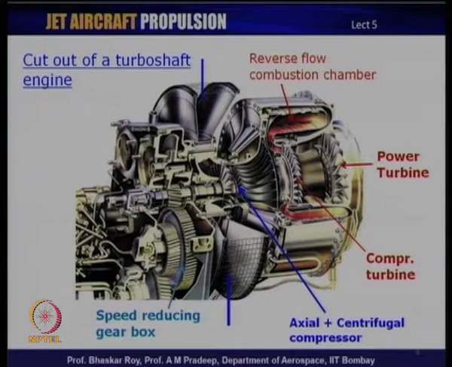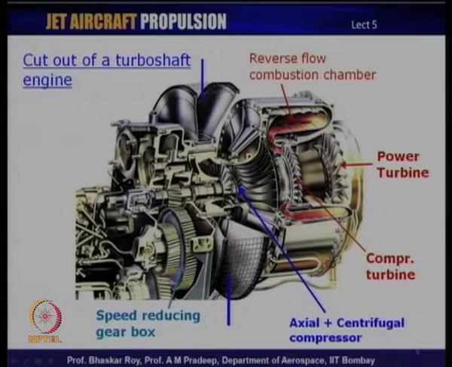Now, look at this engine, which is a cutout of a typical turboshaft engine. What you see here is a combination of an axial flow compressor and a centrifugal compressor. As you can see here, the centrifugal compressor is quite large and produces a substantial amount of compression.